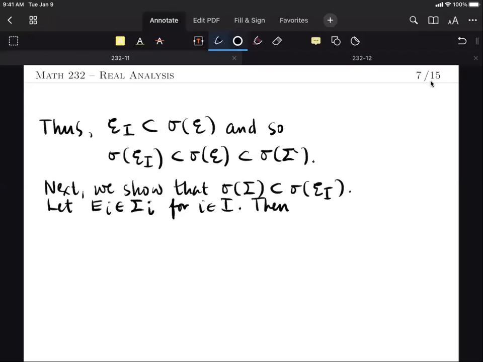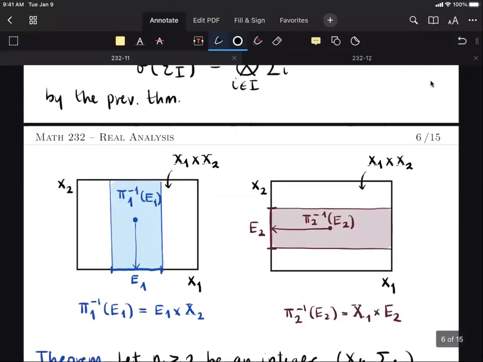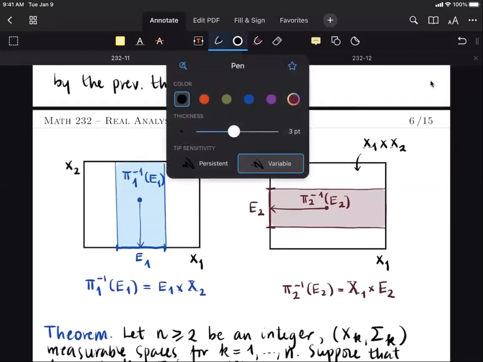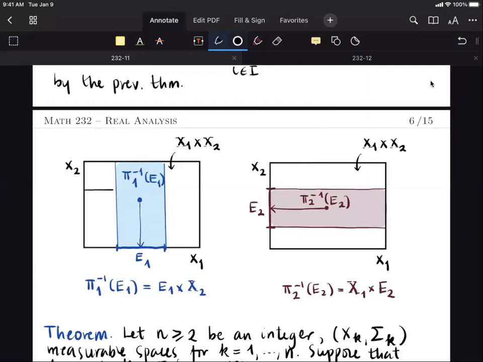Then the product is, well, you can check that this is the same as the intersection of pi inverse E_I, from 1 to n, for I in capital I. To get that, if you take the intersection of these two, let us extend, for instance, E_2 in this way.